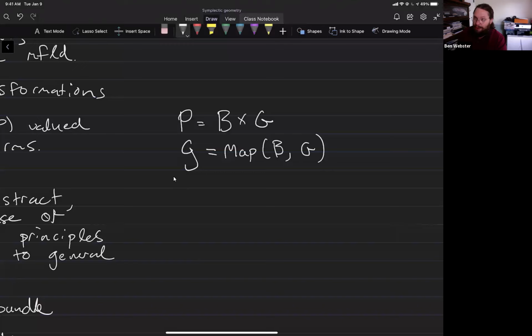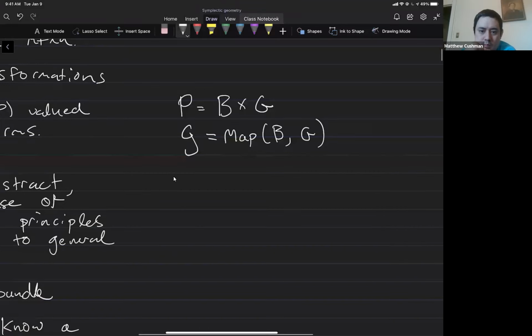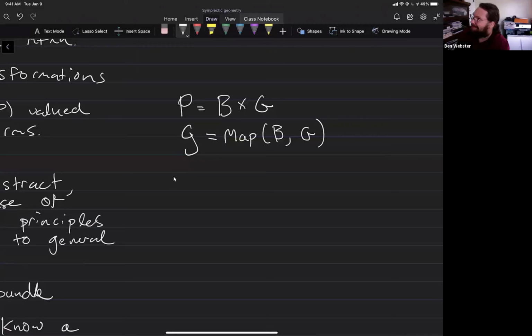So the way I like to say it is you take the associated bundle to the principal bundle corresponding to the conjugation action of the group on itself, and you look at sections of that. That's the gauge group. But yeah, I'm sure there is a way of saying it, I probably got it, it's the same thing as, yeah.